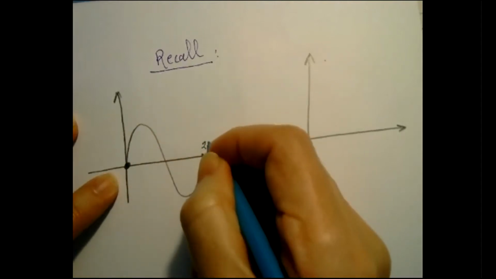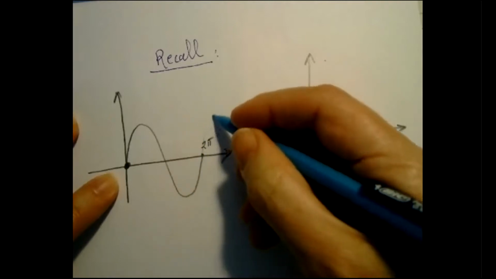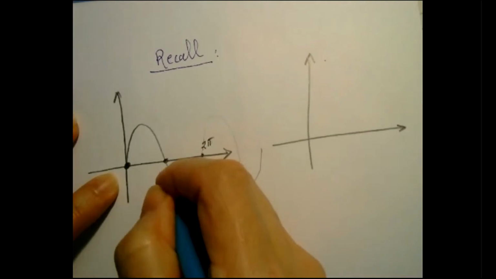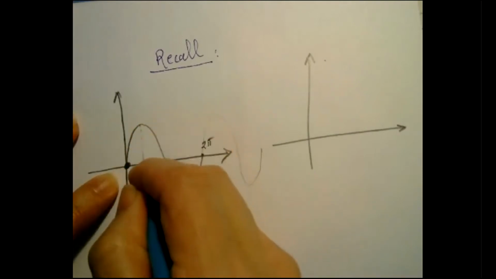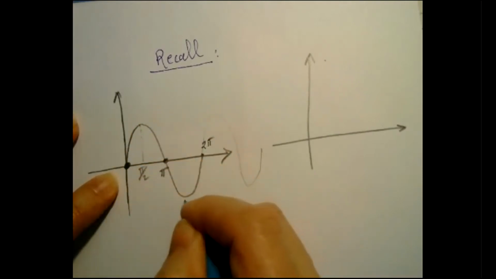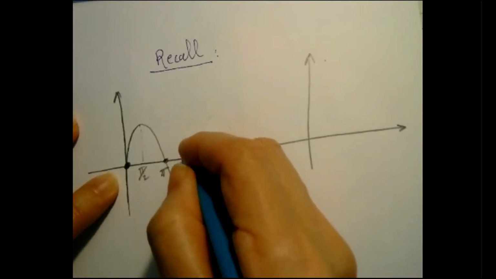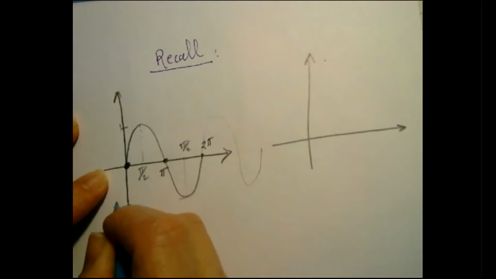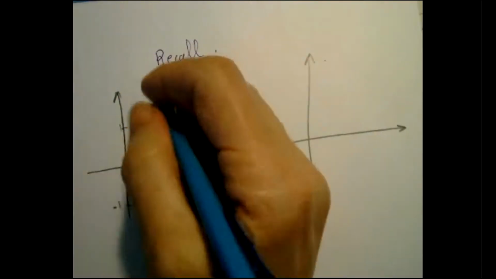The period is 2 pi, which means after that, it starts repeating itself. It peaks at pi over 2, and the lowest value is at 3 pi over 2. That's a 1, and that's a minus 1. So that's the sine of t.